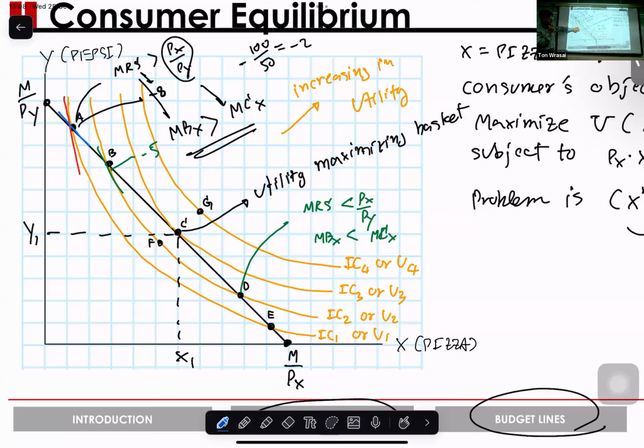We have IC1, IC2, IC3, IC4, or we can call them U1, U2, U3, U4. We have several baskets here that we want to take a look at: basket A, B, C, D, E, F, G.